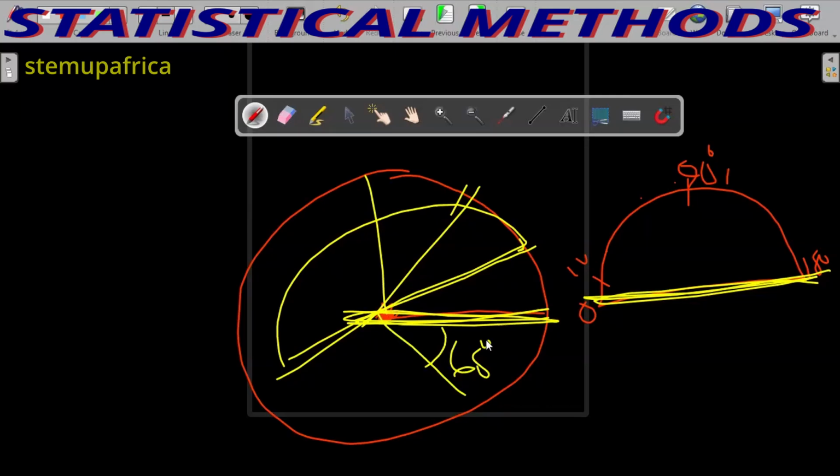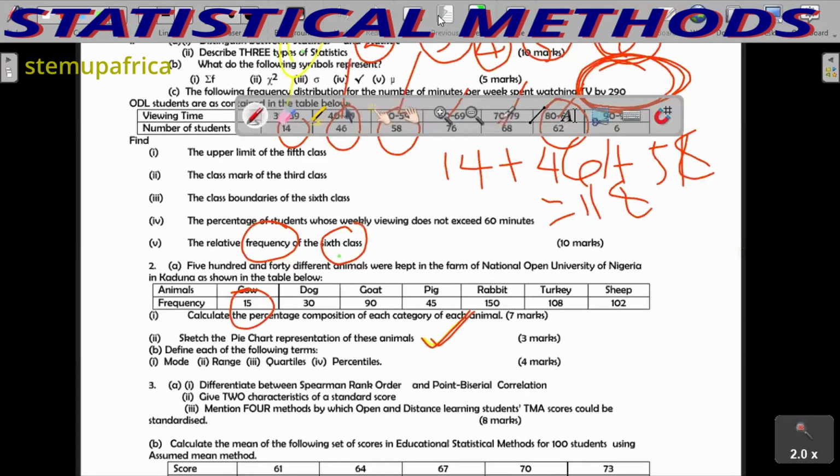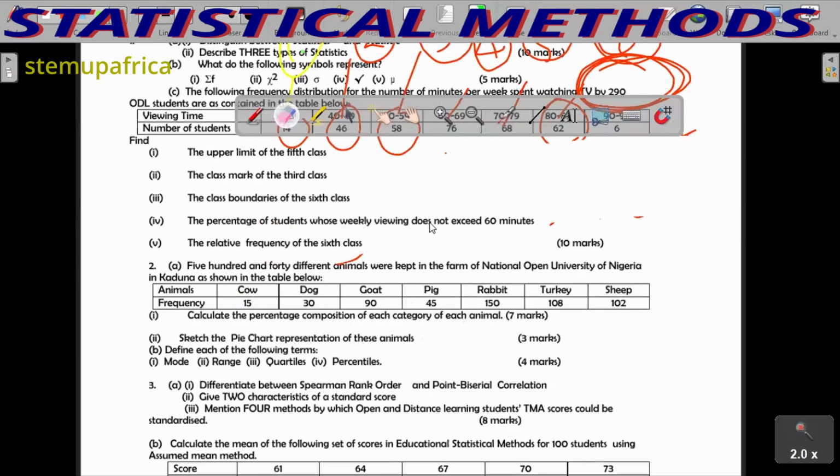So the question is actually for sector, not for percentage, because either way you now know how to do the two, for percentage and for sector. I believe it's clear. If you have any question, you may ask.